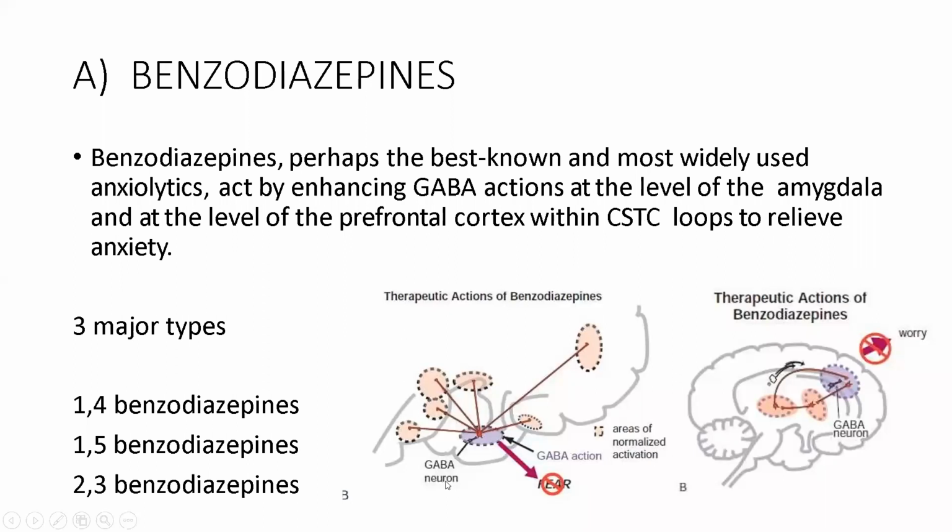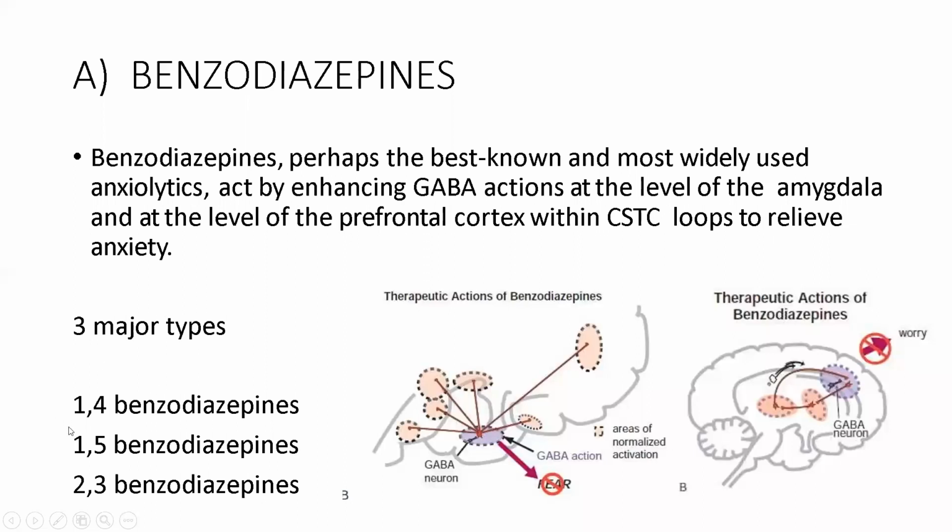You can see the GABA neuron here, and GABA acts on this and increases activity in these areas of normalized activation in the brain. Because of this, both fear and worry will be counteracted by benzodiazepine use.